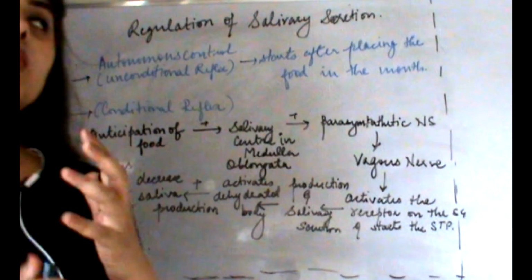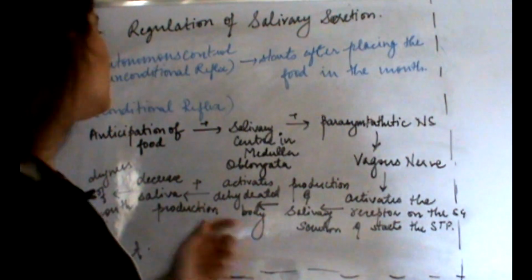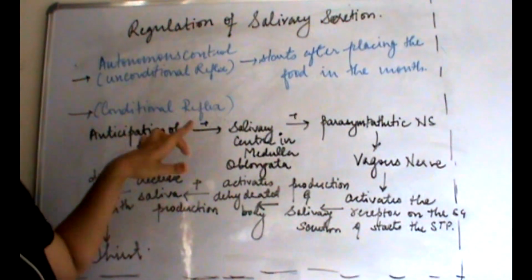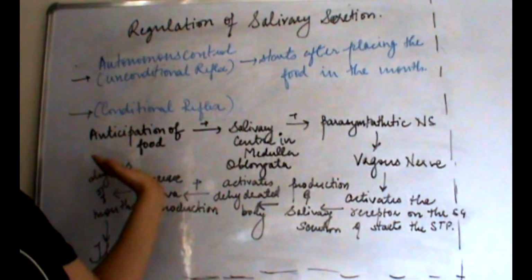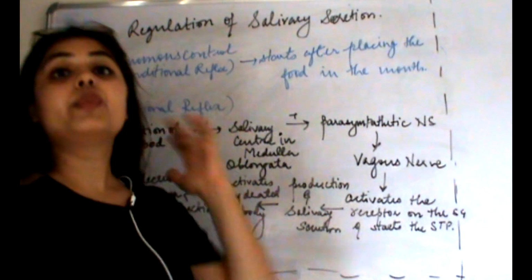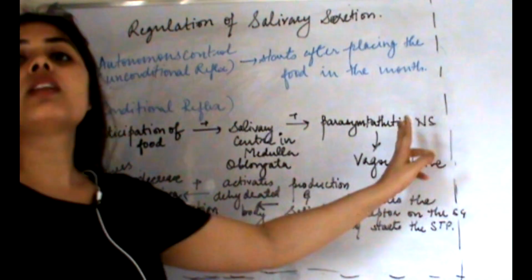The exact meaning of anticipation of food is that whenever we see food, it activates, and this positive sign means it is activating the salivary center in the medulla oblongata. It is in our brain. In turn, it will activate the parasympathetic nervous system.